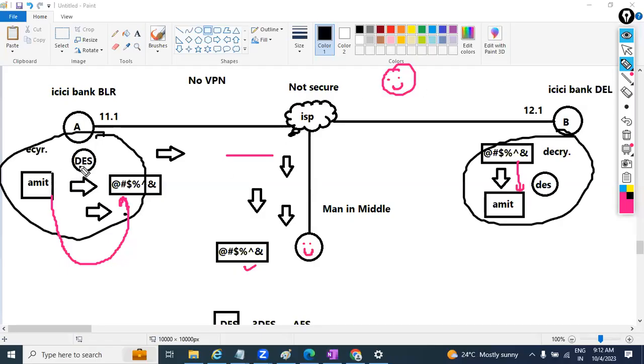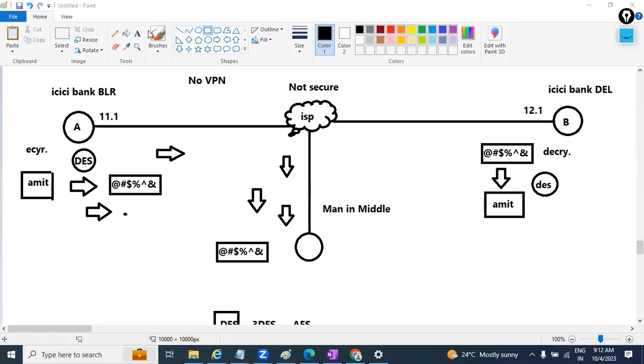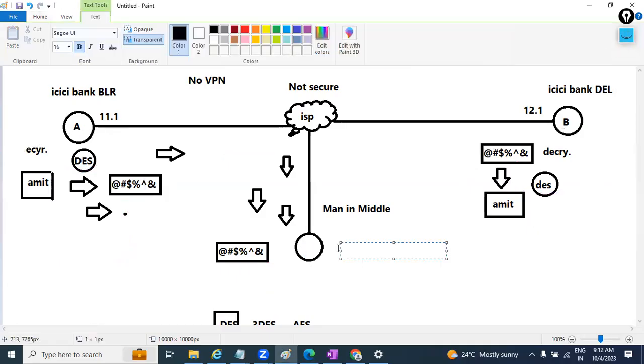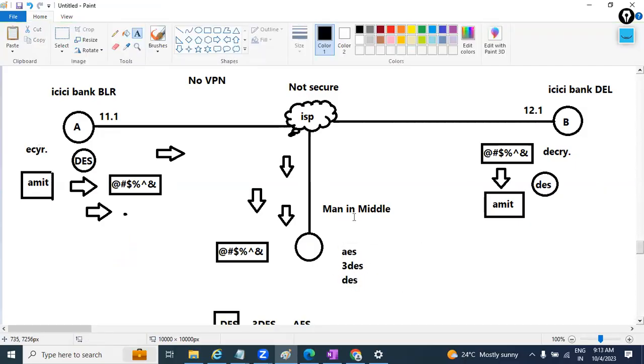The reason is this side we are using DES and that side we are using DES. Let's consider this data is very crucial for the hacker. Is he also aware of the DES algorithm? Right now he might not be aware. You are using DES. He might first try to decrypt with AES, then he would use 3DES, and then he would use DES. So in the end, he also would get the result.